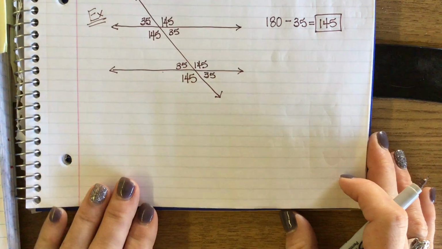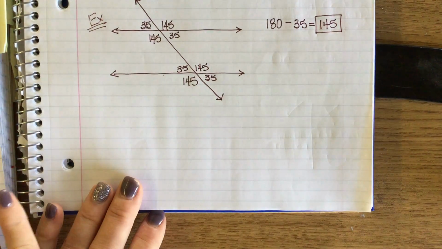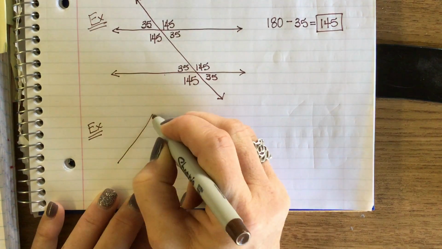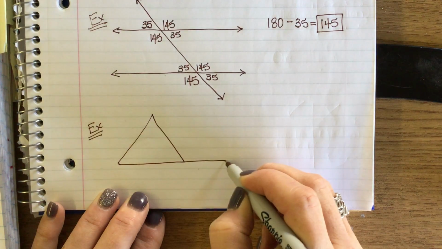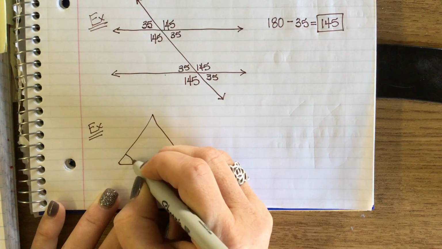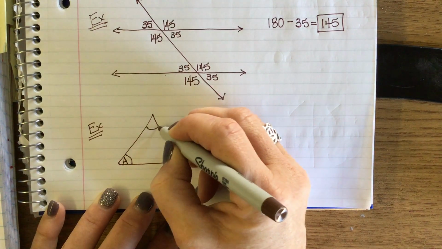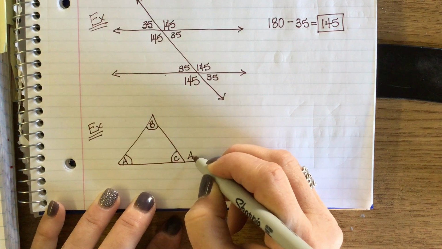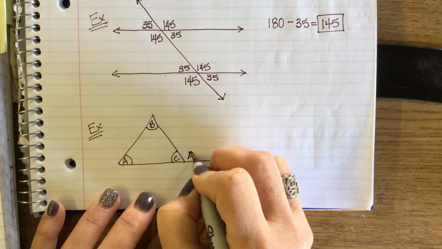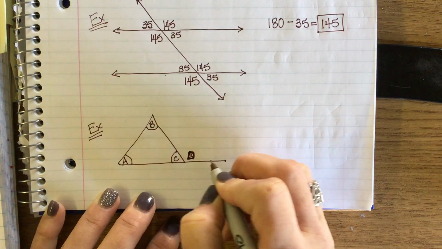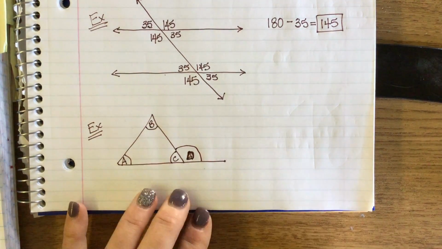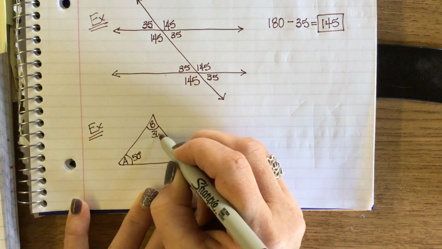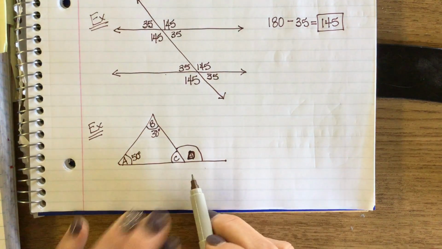Super, super simple. And then the last one, and I apologize, I wanted to do this example on the other page. If we had a triangle, and you had angle A, angle B, angle C, and then you had angle D. If this is 50 degrees, and this is 30 degrees, what is angle C?